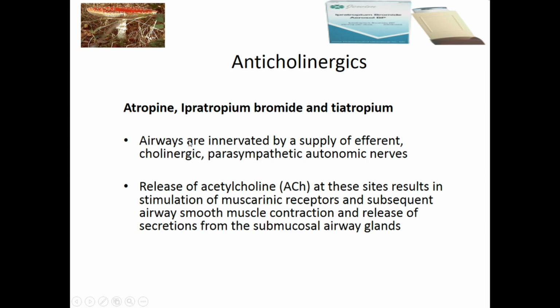Now, if there is mainly activation of the cholinergic system, there is release of acetylcholine resulting in stimulation of muscarinic receptors. Now, stimulation of muscarinic receptors will cause airway smooth muscle contraction and release of secretion from the submucosal airway glands. Okay, so this is the role of acetylcholine.